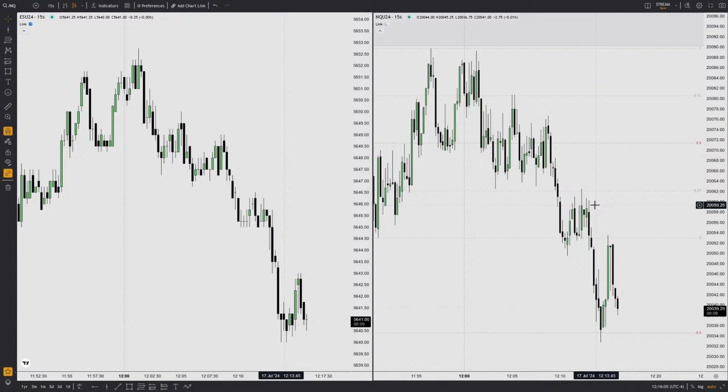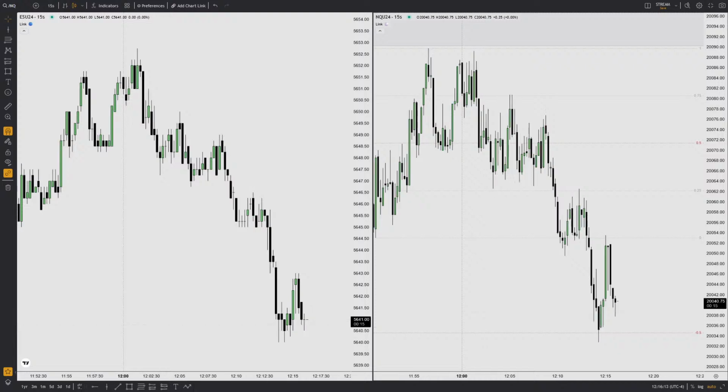And if the 5 minutes is kind enough to give me a green candle, that would be perfect. I'm looking to trade to 50% of the weekly, is it weekly? Let me double check. Yeah, of the weekly order block, 50%.